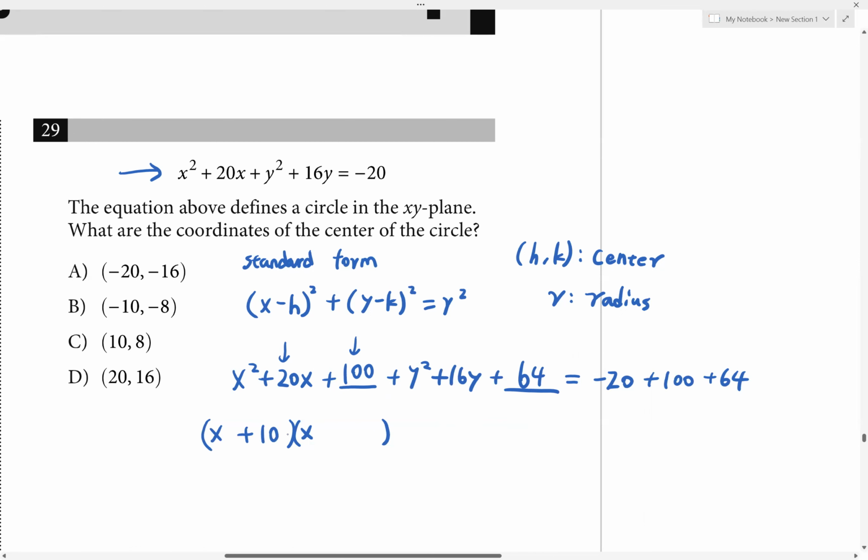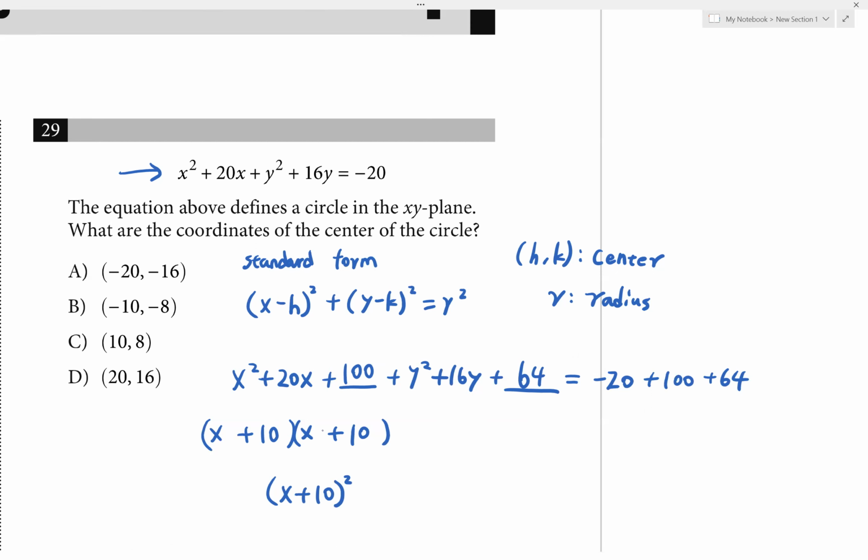That'd be 10 and 10. So it'd be (x + 10)(x + 10). And this will always be the number that we get after we divide by 2. So 20 divided by 2, we get positive 10. We can rewrite it as (x + 10)^2.